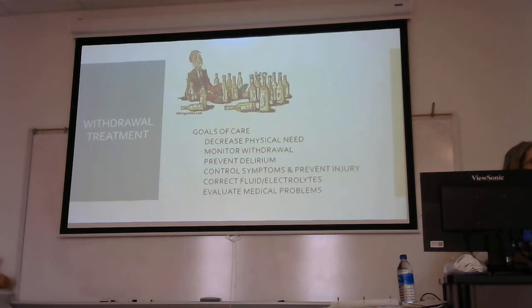Antipsychotics are important because they will have some psychosis, hallucinations, they may need sedation, but our goal is to decrease that physical need, to watch for DTs, and this is where the CIWA is going to come into play. Because it will tell you, are we needing to go ahead and start some Ativan here?